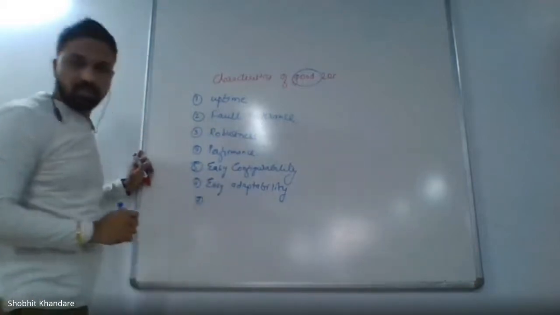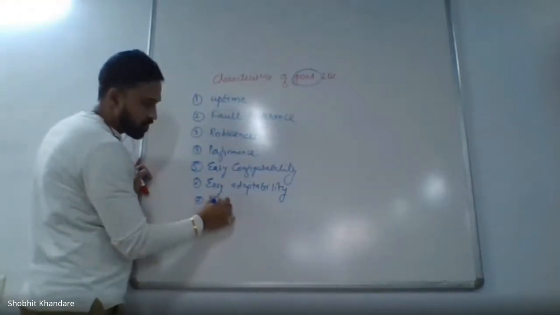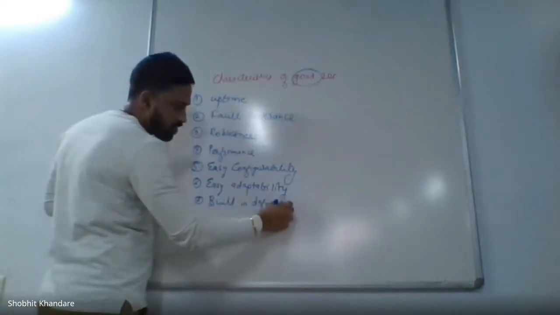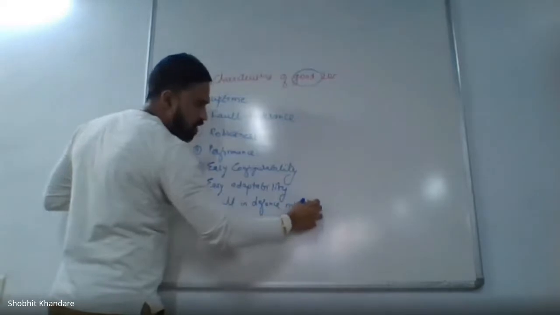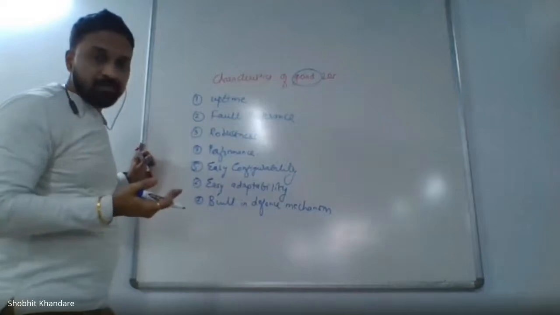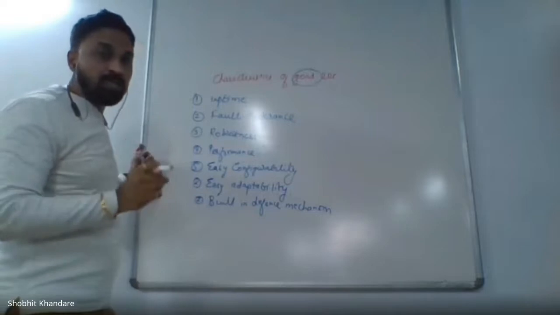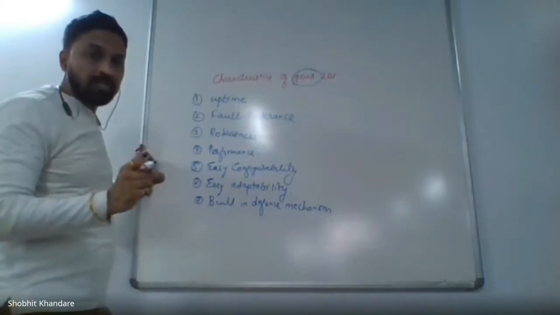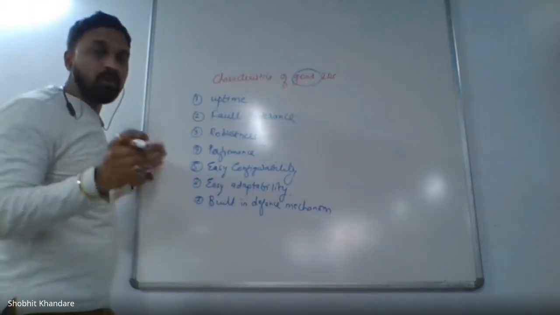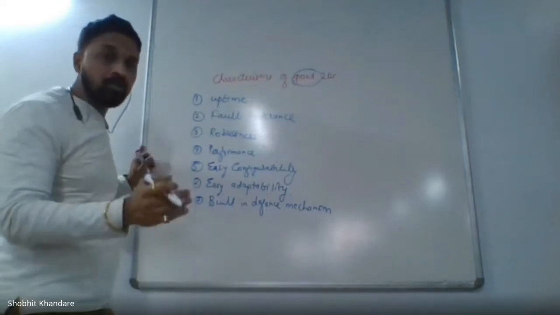And the last one is built-in defense mechanism. It means that the IDS should not only detect the intruder packets, but should provide a defense mechanism so that no intruder packet is allowed into the system or the network.